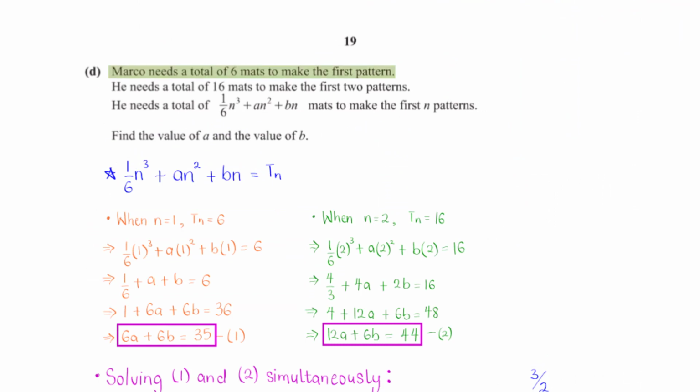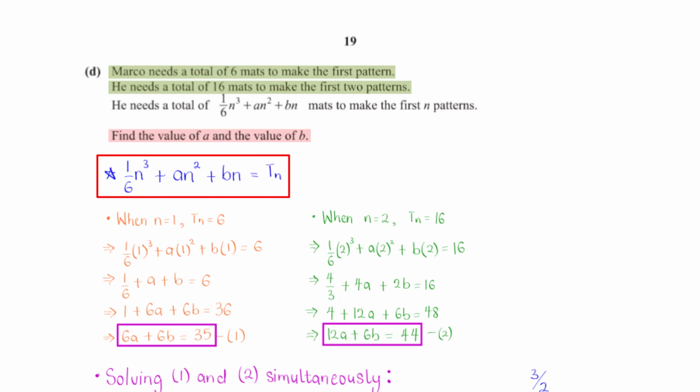Marco needs a total of 6 mats to make the first pattern. He needs a total of 16 mats to make the first 2 patterns. He needs a total of 1 over 6 n cubed plus a n squared plus b n mats to make the first n patterns. Find the value of a and the value of b.